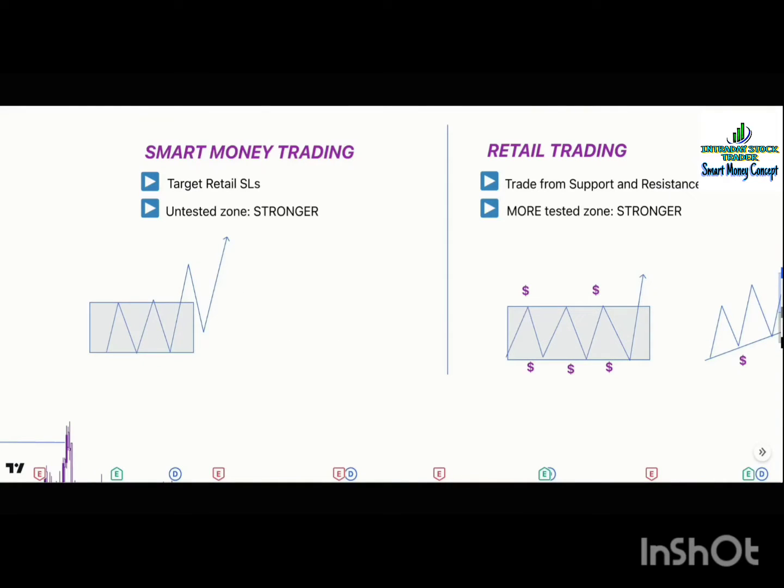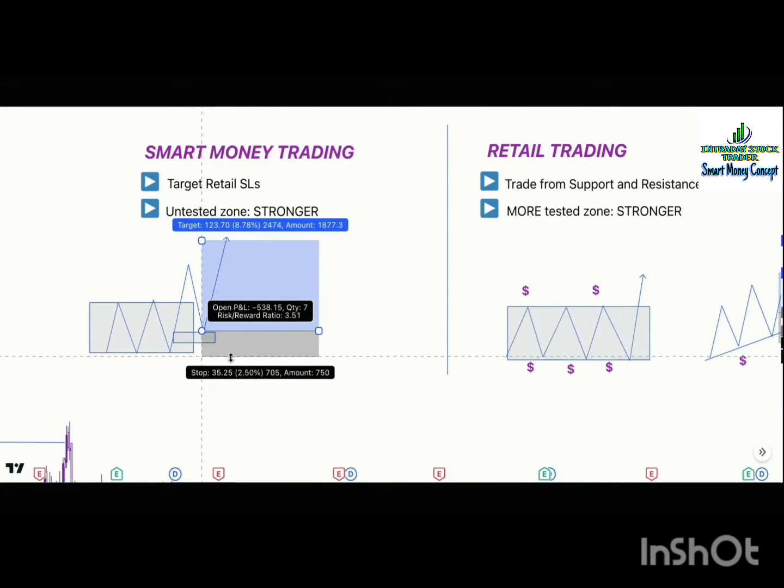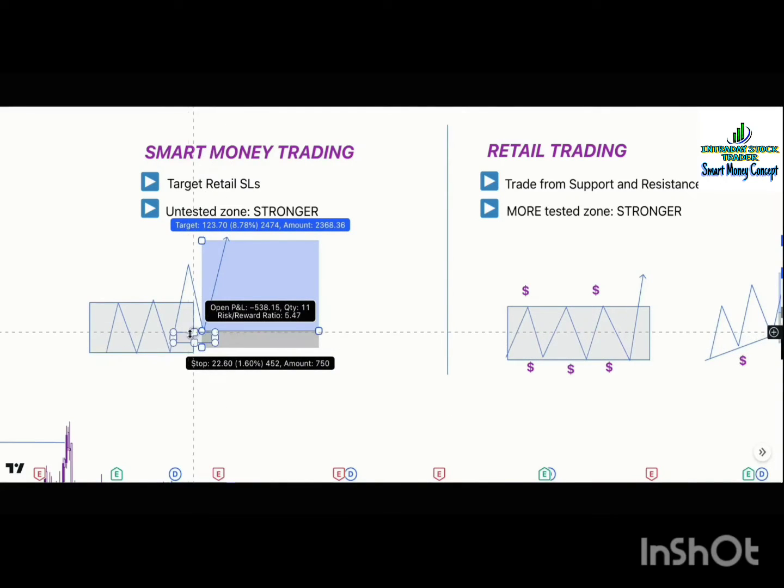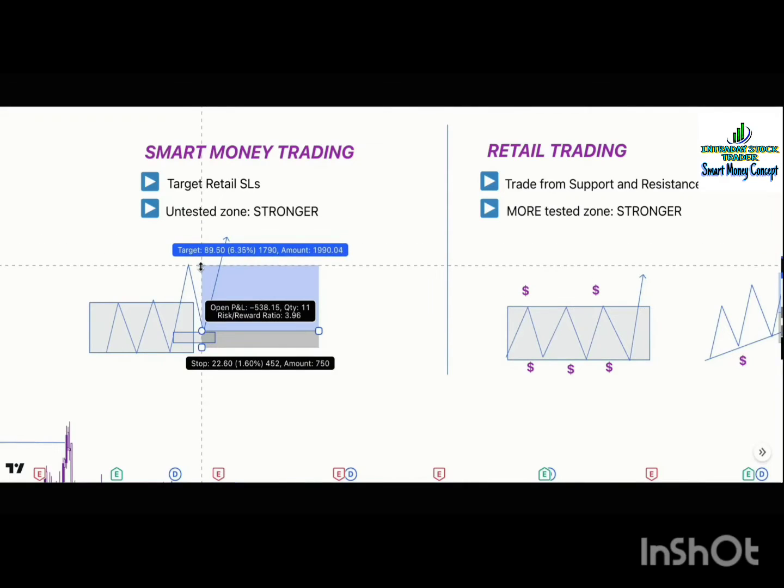So as a smart money trader, you could understand that there is a huge amount of money resting above and resting below. You wait for the price to break this zone so that you could understand the direction of the market, and you wait for the unmitigated zone, for the unmitigated order blocks here, and you place your limit trades here, putting maybe stop loss below the order block and targeting maybe this high, or targeting maybe this high.